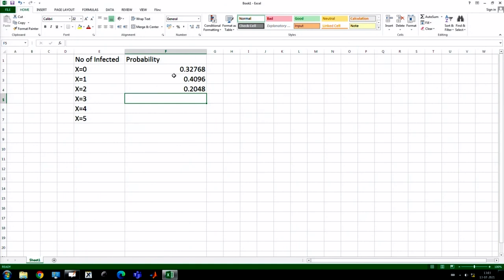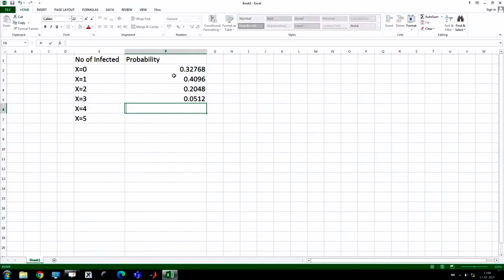Now what about 3 getting infected? It is going to be 5C3, which is again 10, into 0.2 power 3 into 0.8 power 2. That is going to give you something like 0.05. What about 4 getting infected?